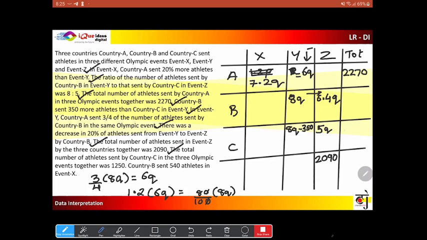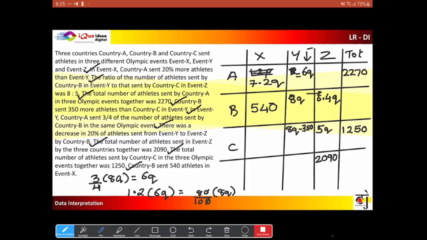So by C the total number of athletes was 1250. तो C का X plus Y plus Z का 1250 is the total. Next, country B sent 540 athletes in event X. So can I say B has sent a total of 540 athletes in event X? यहां तक मेरा डेटा कंप्लीट हो गया.